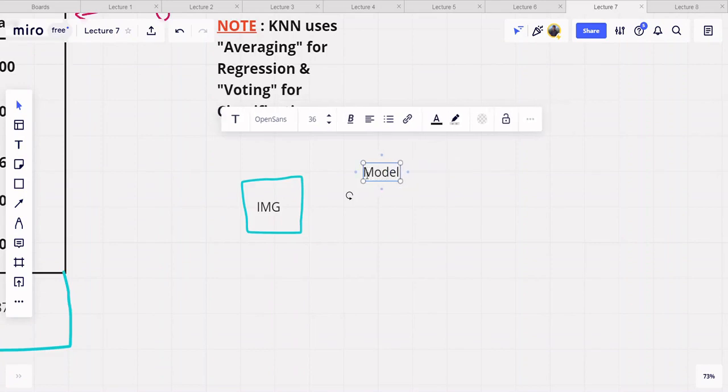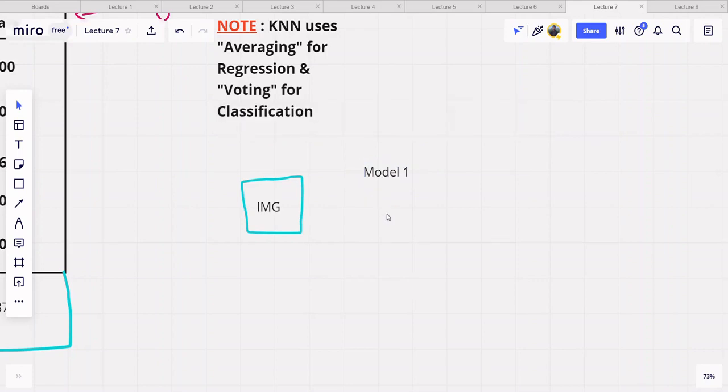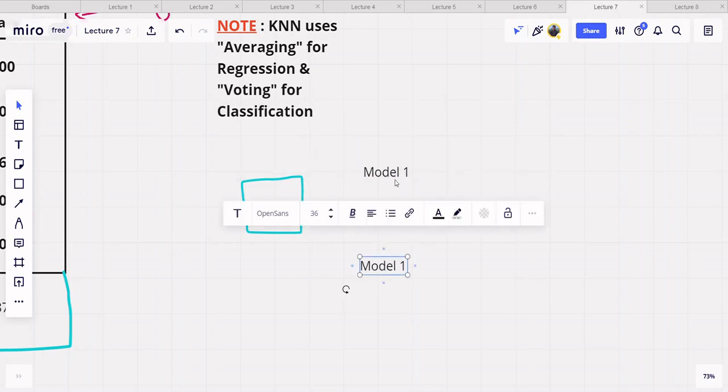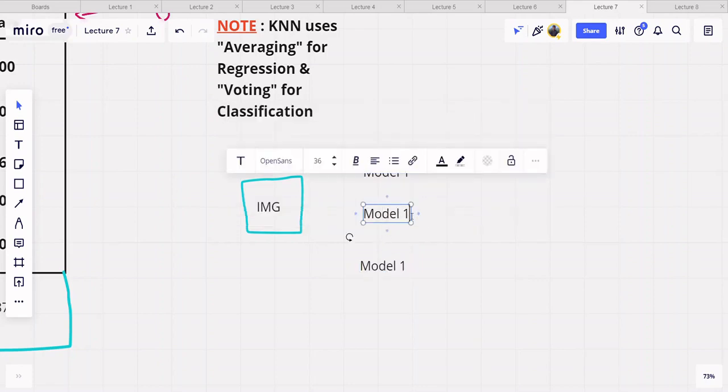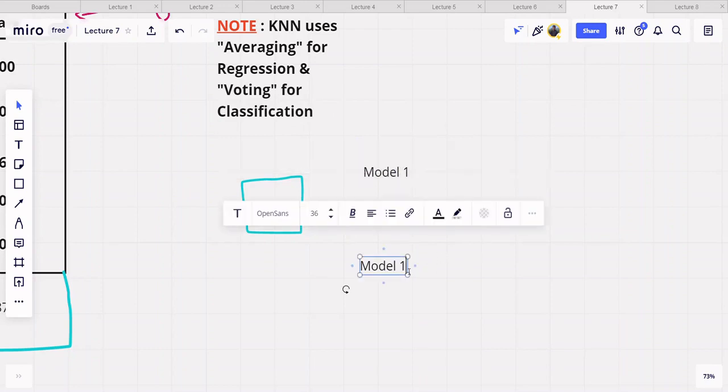So model 1, and let me copy this, this is our model 2, and this is our model 3. So we have an image, and we trained multiple models to classify what this image actually is.